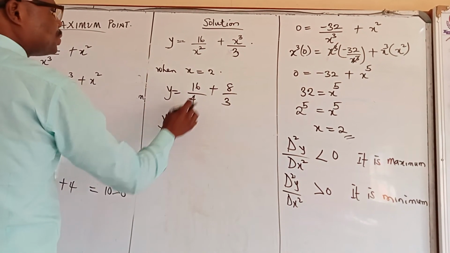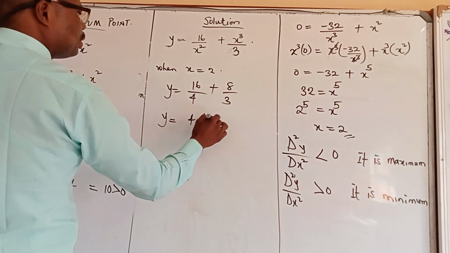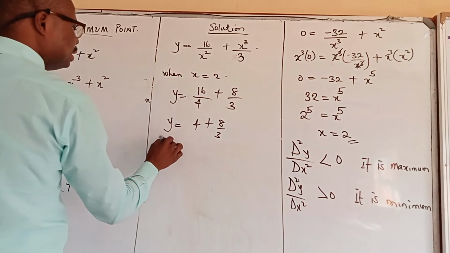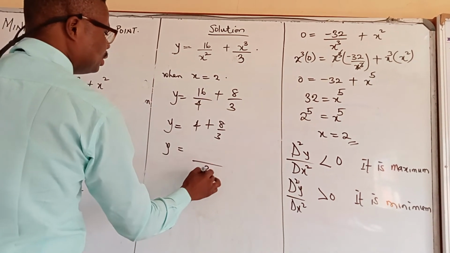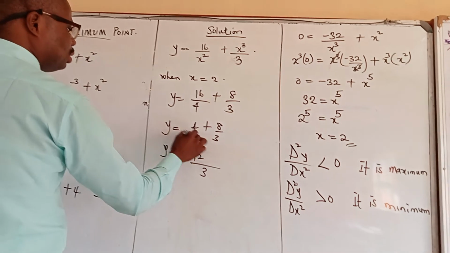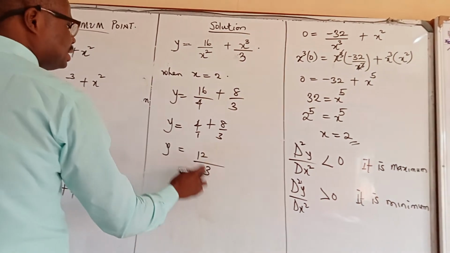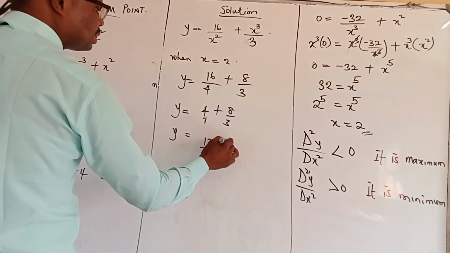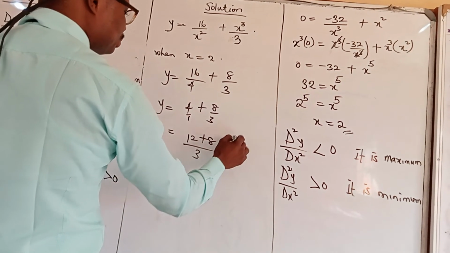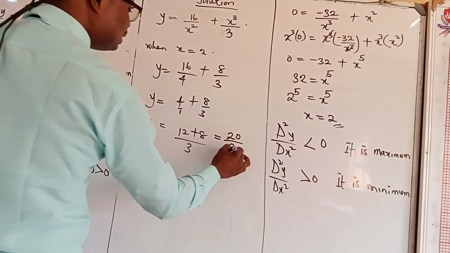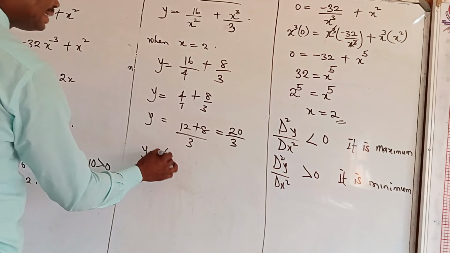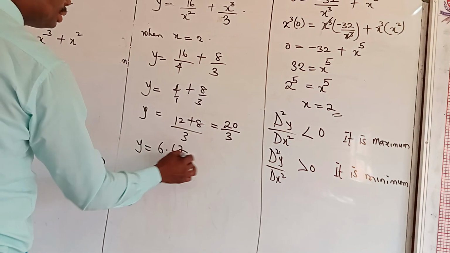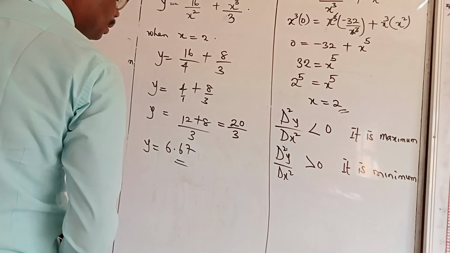Then y equals 4 plus 8 over 3, so y equals 12 plus 8 all over 3, and that is 20 over 3. And this is the same thing as 6.67. Thank you.